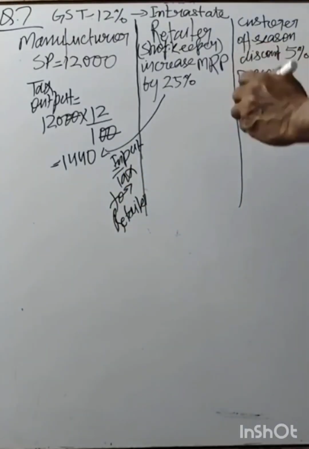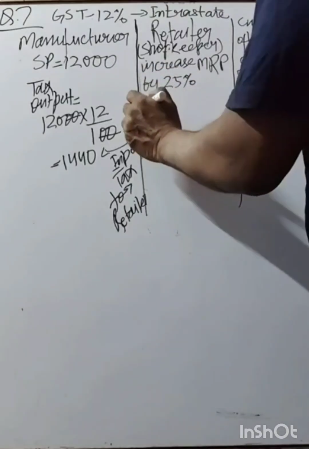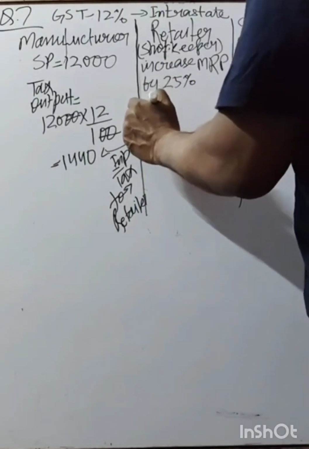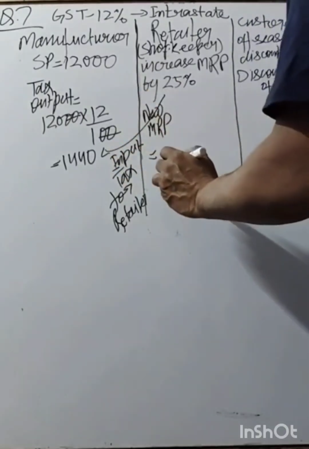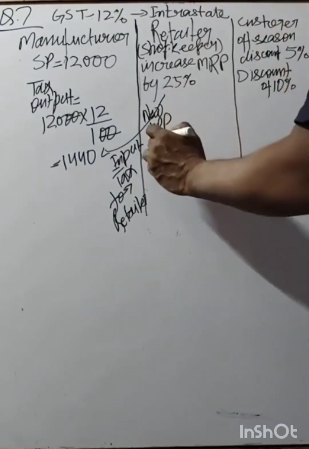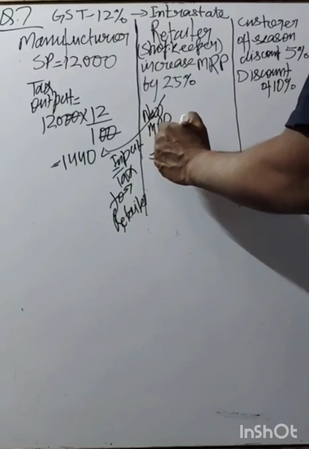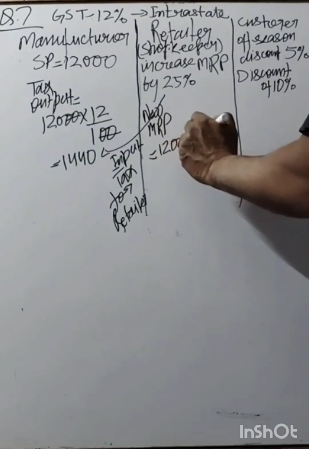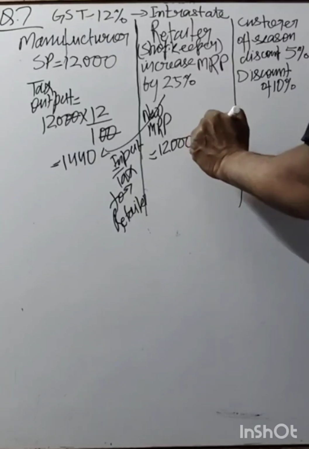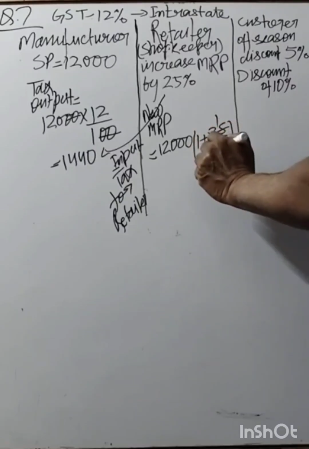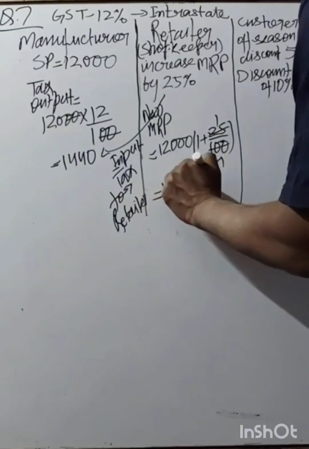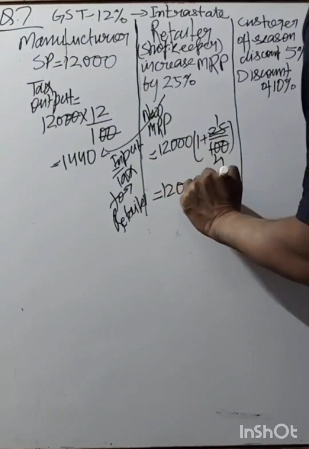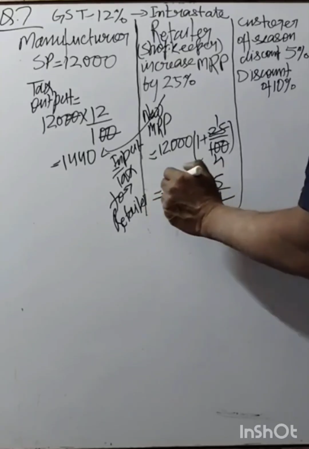Okay? Now the new MRP is equal to 12,000 into bracket 1 plus 25 upon 100, right? 4 times 25 becomes 100. 1 upon 4, it becomes 12,000 into 5 upon 4. 3 times 4 becomes 12.